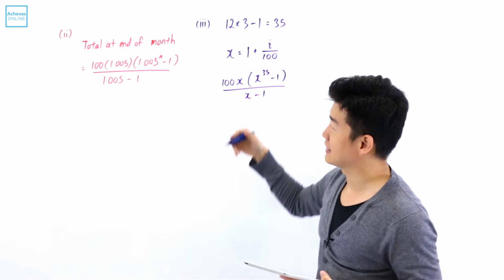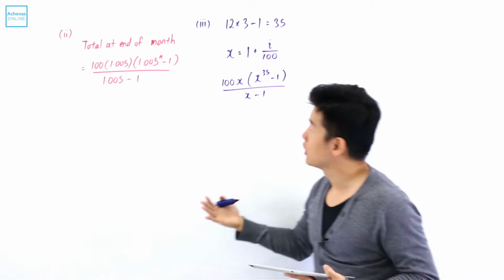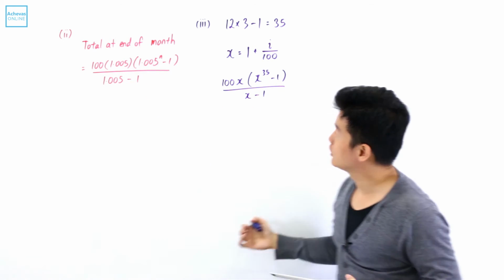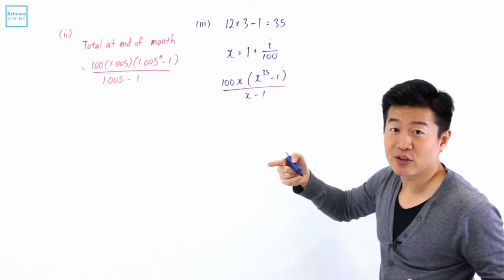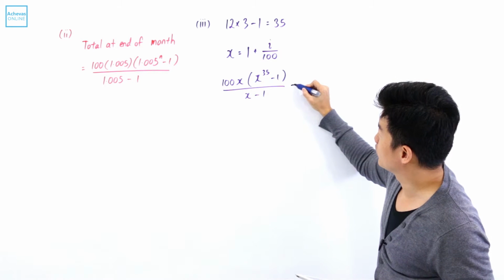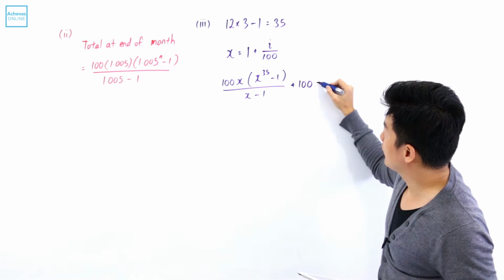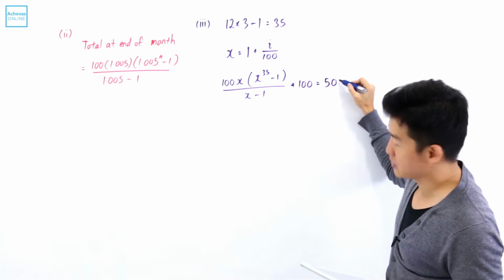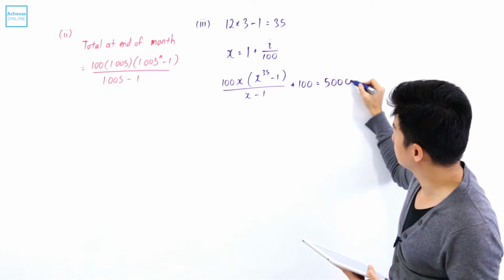This x is like the common ratio of the GP that we deduced in part 2. And on the 1st of December, he's going to put in that extra $100, so this is plus 100. According to the question, this must be equal to 5,000.